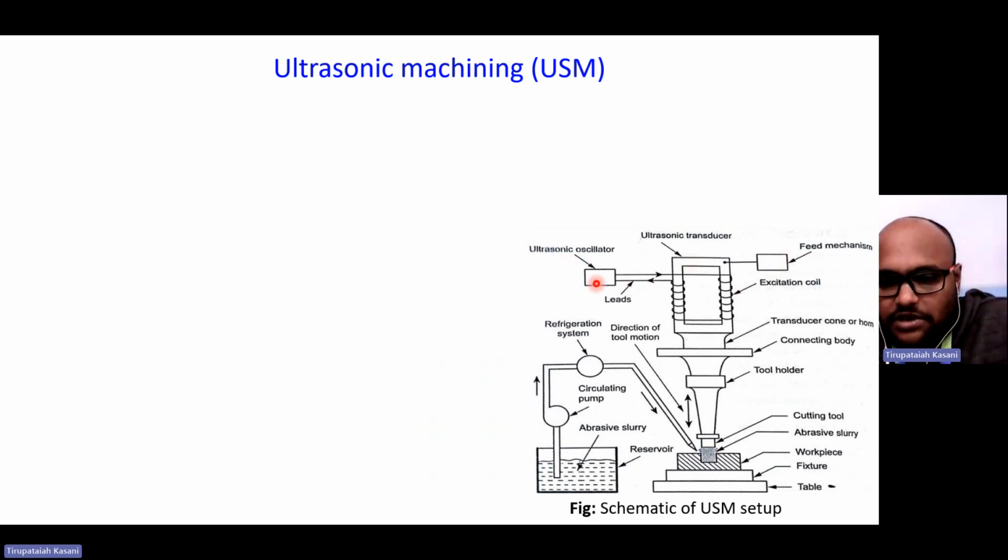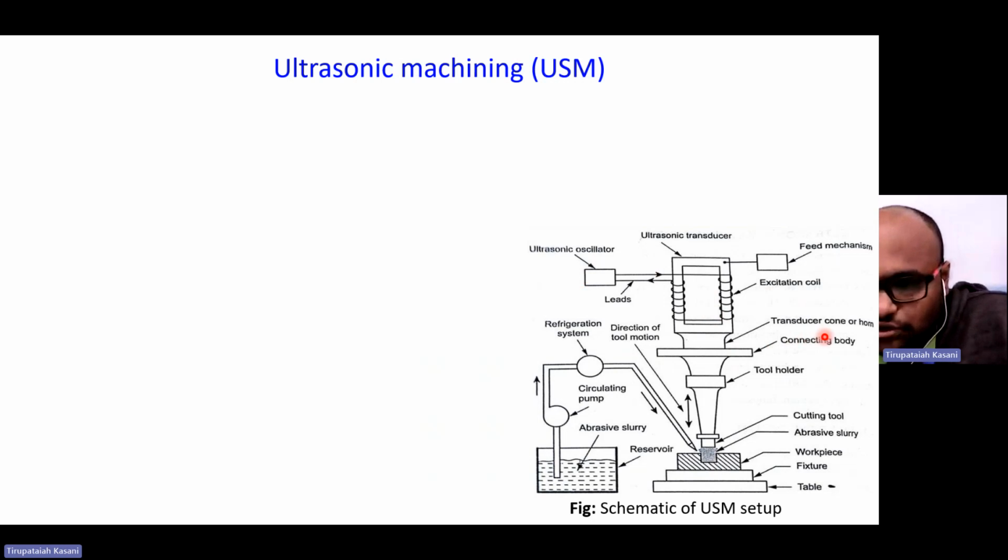Whenever the power supply is given to this ultrasonic oscillator, this ultrasonic transducer vibrates, enlarging and contracting, means elongation and contraction, due to the power supply. The ultrasonic transducer will be oscillating with higher frequencies depending upon the frequency of the power supply that we are providing.